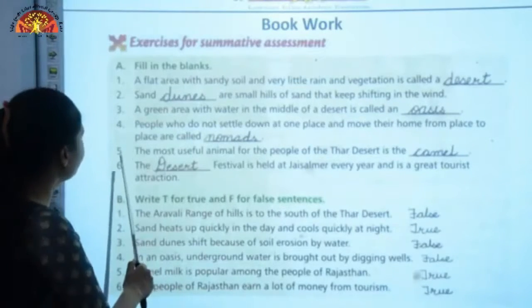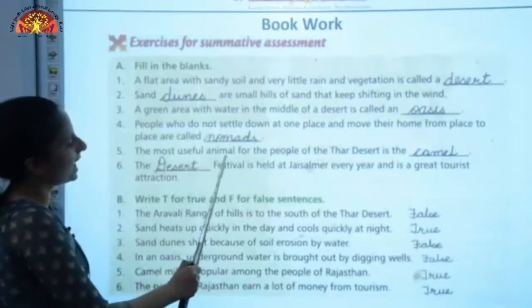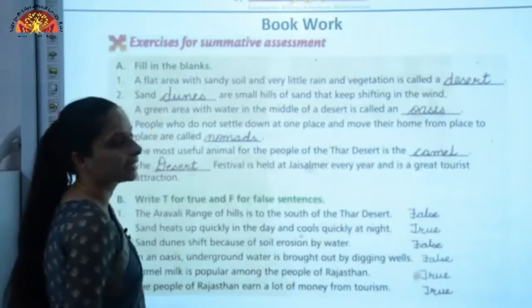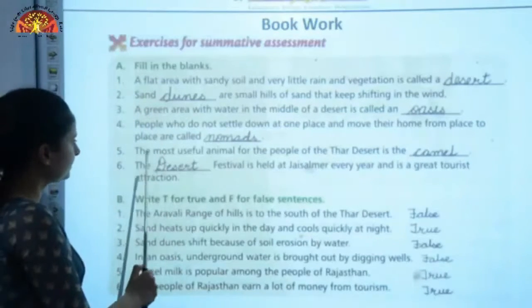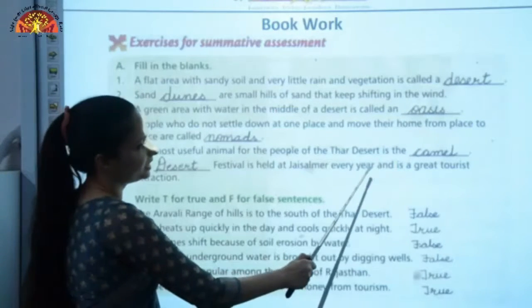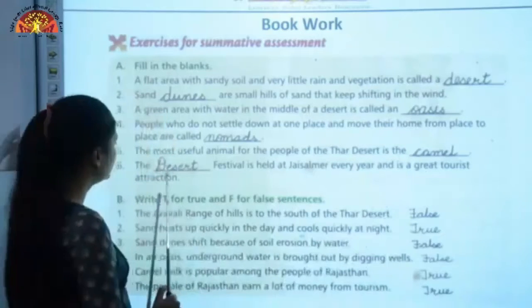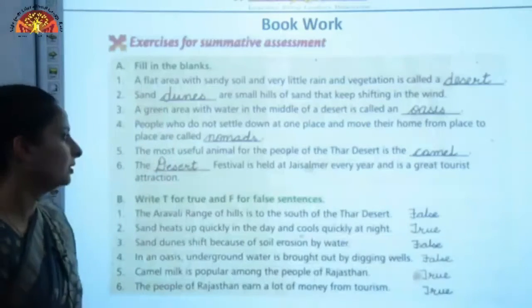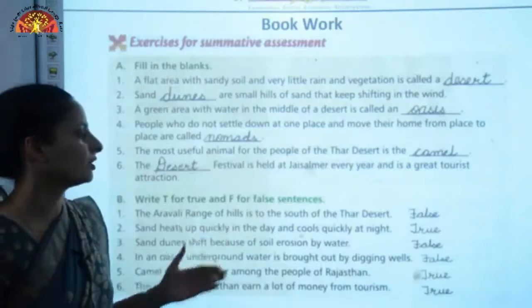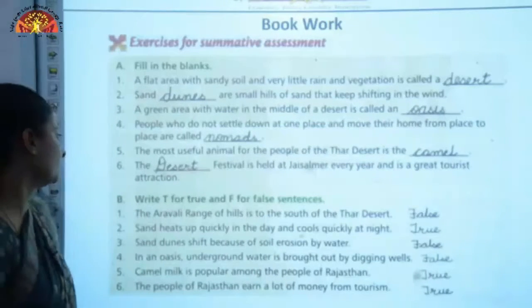Fifth, the most useful animal for the people of the Thar Desert is the camel. Sixth, the desert festival held at Jaisalmer every year is a great tourist attraction. It is one of the greatest tourist attractions of the place.